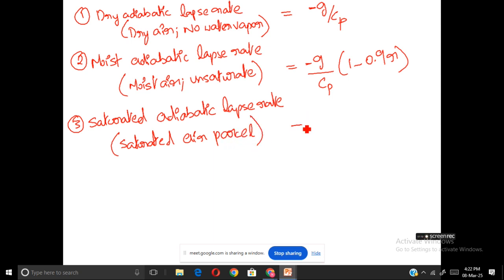In case of a saturated air parcel, we got it as minus G by Cp into 1 plus LV by G into DES by DZ. So yeah, dry adiabatic lapse rate, moist adiabatic lapse rate, and saturated adiabatic lapse rate.